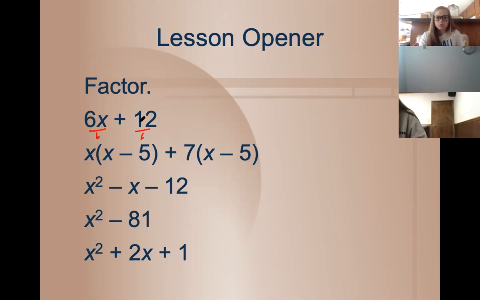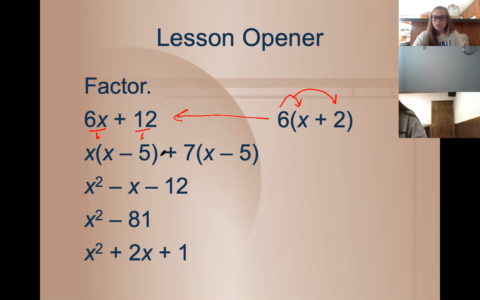Not x plus 12. Remember, if you factor it out, you've got to divide it by everything. So you pull out a 6, divide both terms by 6. So 12 divided by 6, you're left with 2 inside. Remember to check these. You're going to have to distribute whatever's outside the parentheses to everything inside the parentheses. When you do that, that should get back to your original problem.